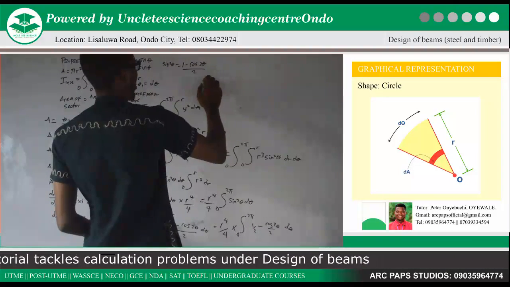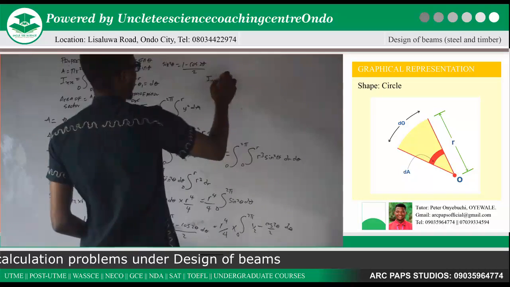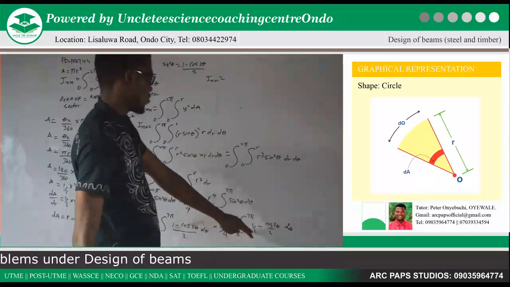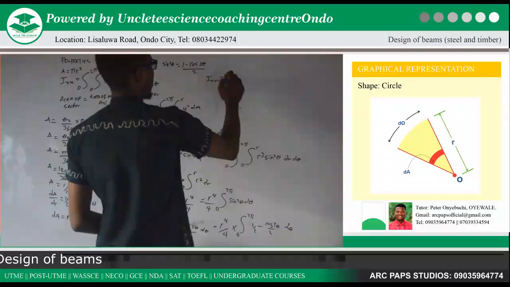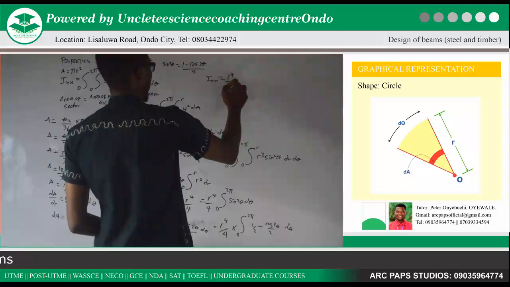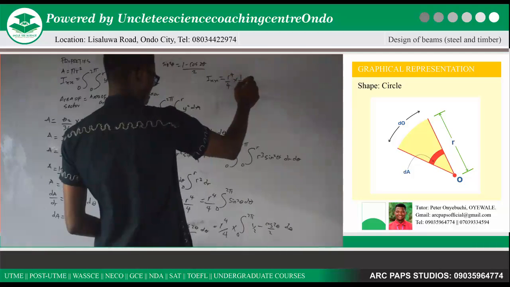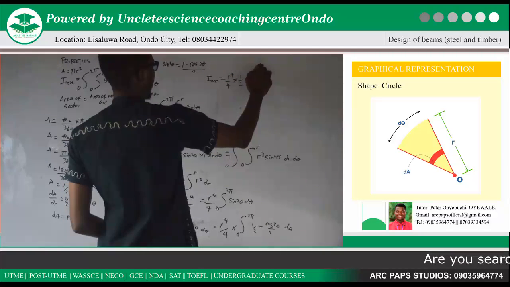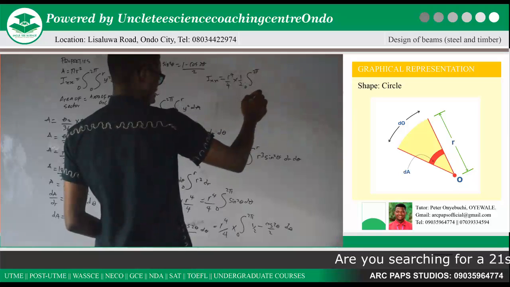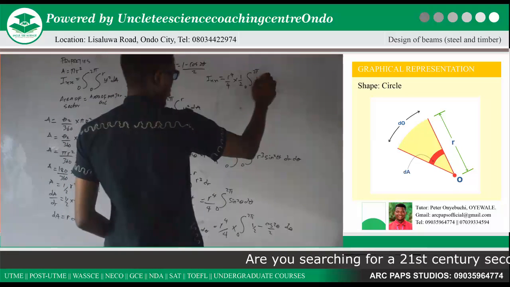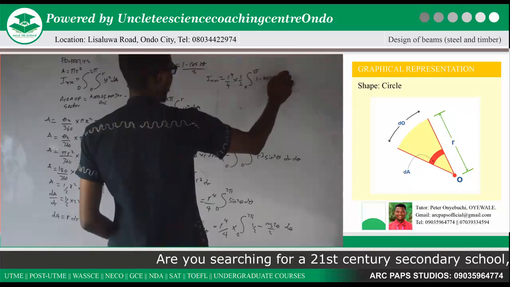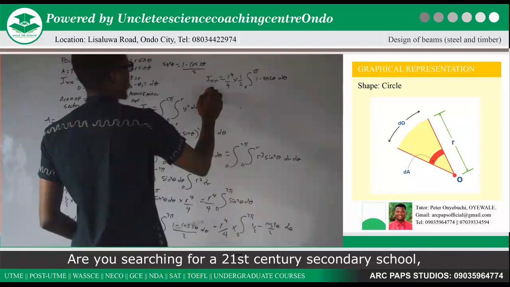Now this will give us Ixx is equal to r raised to power 4 over 4 times, when we factorize 1 over 2 out, the integral of 1 minus cos 2 theta d theta.